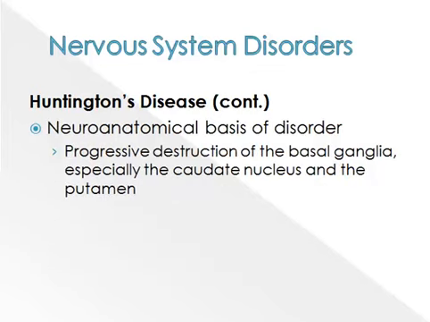The neuroanatomical basis of this disorder is similar to Parkinson's disease in that it attacks the basal ganglia, but it's a different part of the basal ganglia. The progressive destruction occurs at the caudate nucleus and the putamen, as opposed to the substantia nigra.